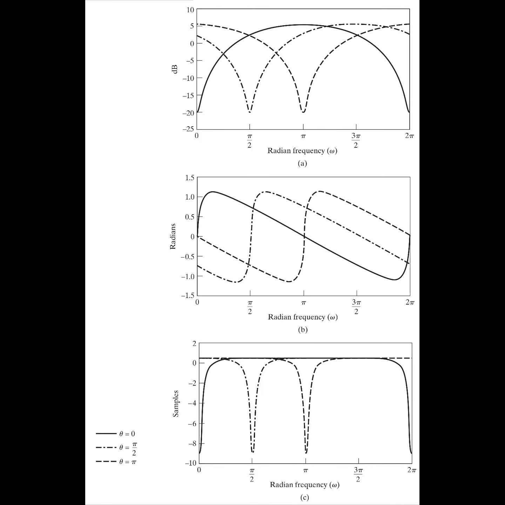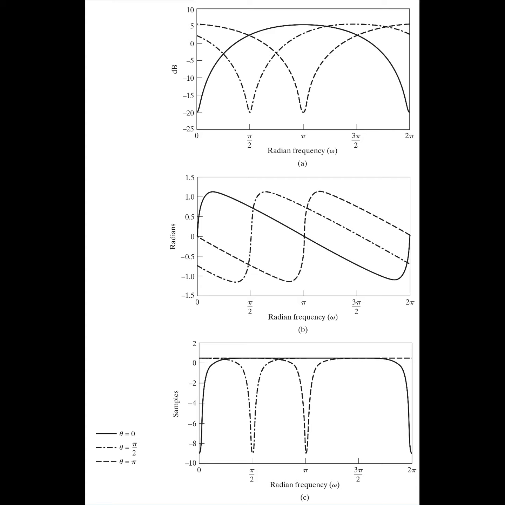Here you see three plots. The first plot is for the gain in dB, where omega for the moment we have kept on a uniform scale, not on the logarithmic scale. The second one is the phase in radians, and the third one is the group delay.